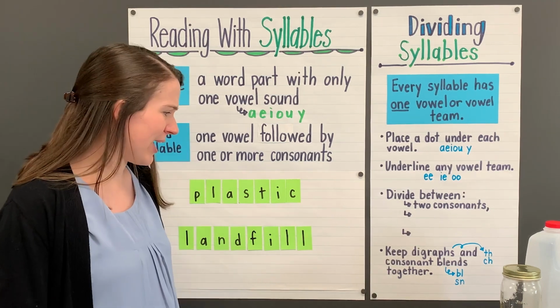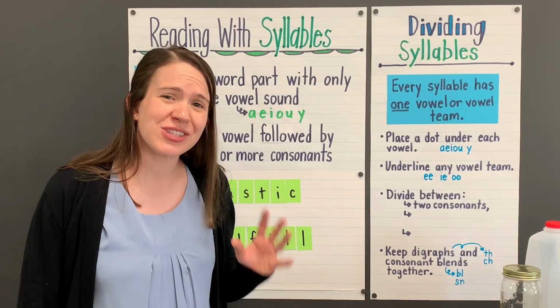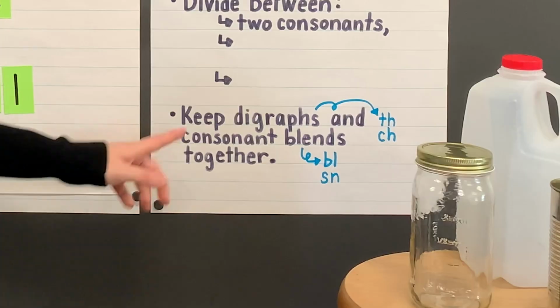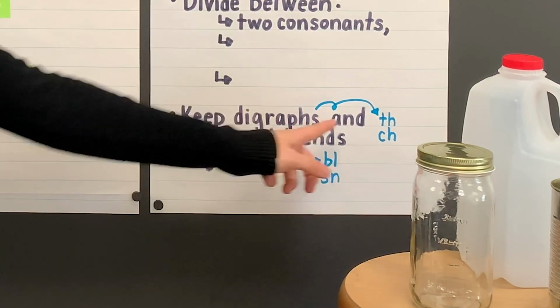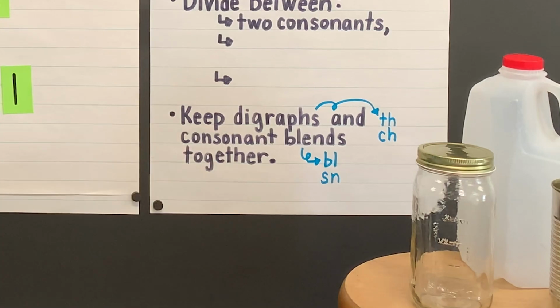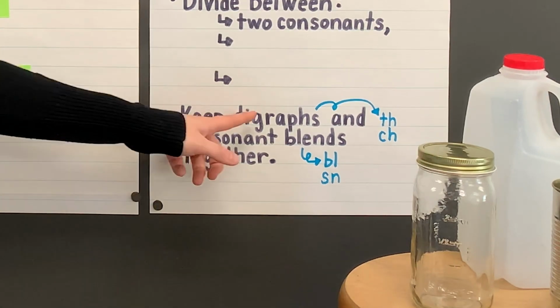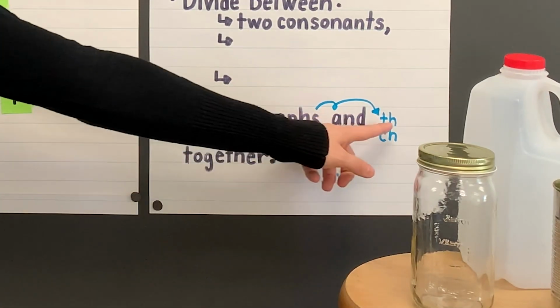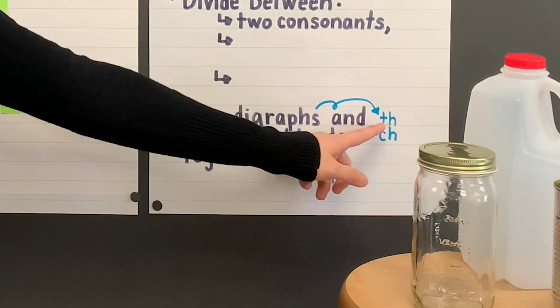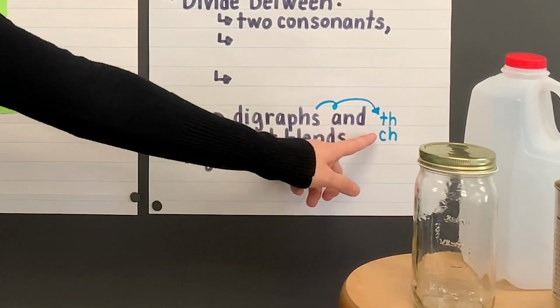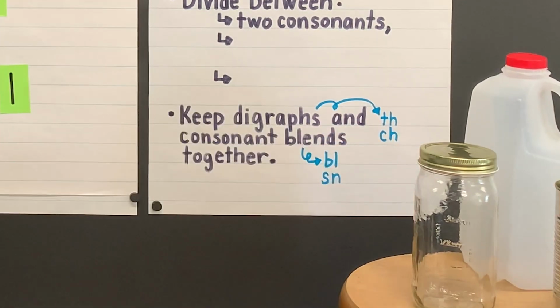Another thing to keep in mind is that when we are separating words into syllables, we keep digraphs and consonant blends together most of the time. Digraphs are two consonants like TH that says th and CH that says ch, two consonants that make one sound.